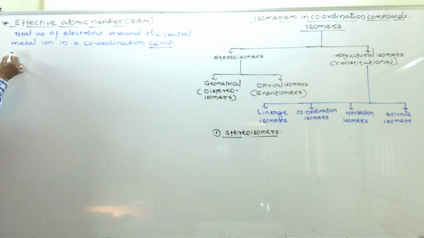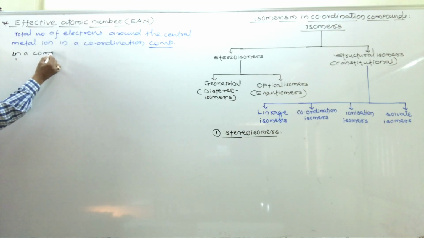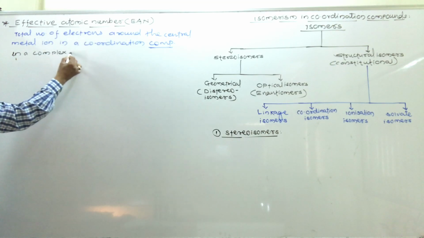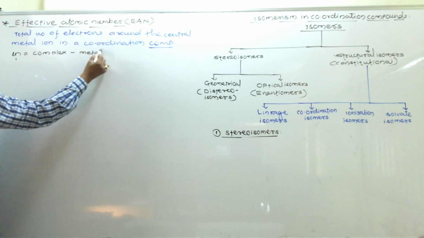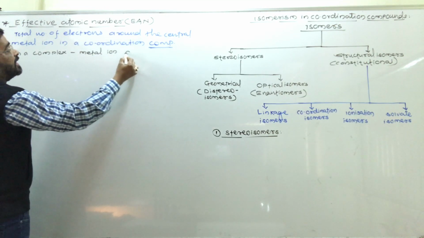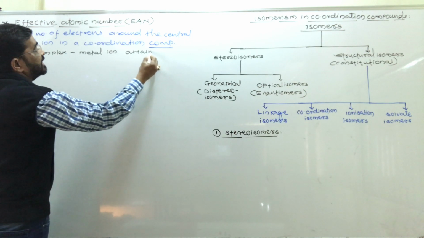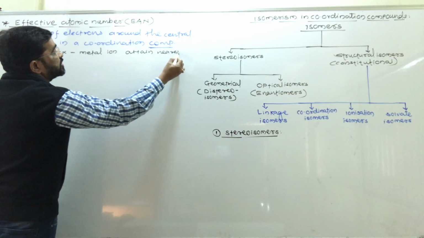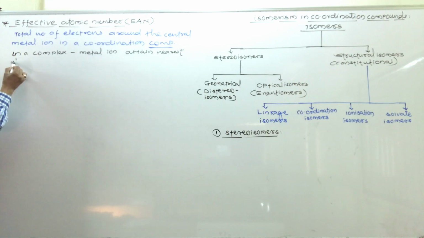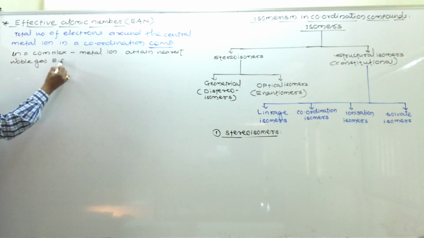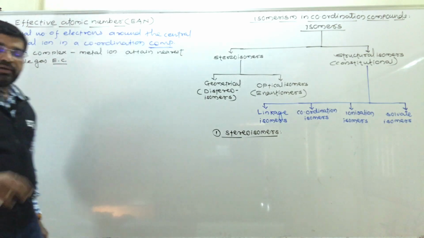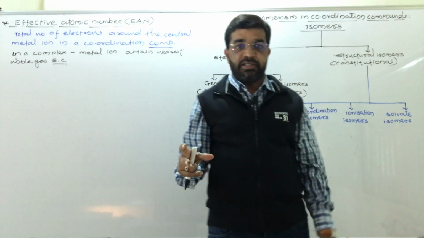What happens if the metal ion in a coordination complex attains the nearest noble gas electronic configuration, that is, attains stability?